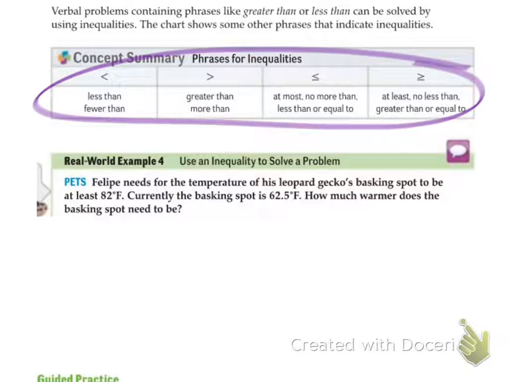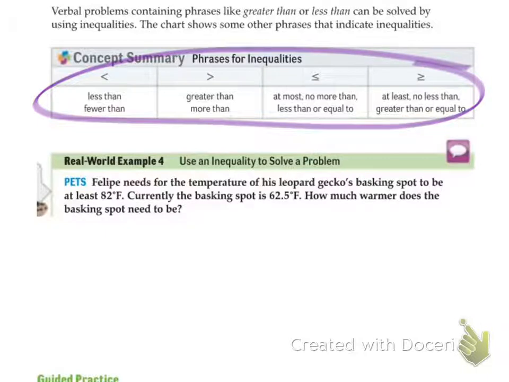Now if we had a word problem, this table summarizes the different words that help us figure out what inequality sign to write. And so I'm going to read this word problem. Felipe needs for the temperature of his leopard gecko's basking spot to be at least 82 degrees Fahrenheit.